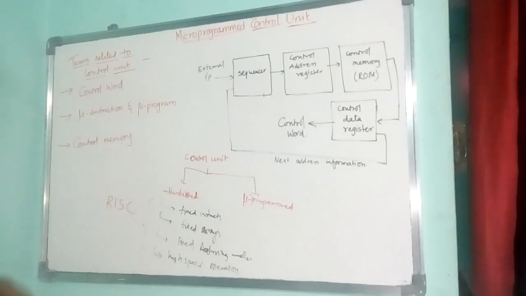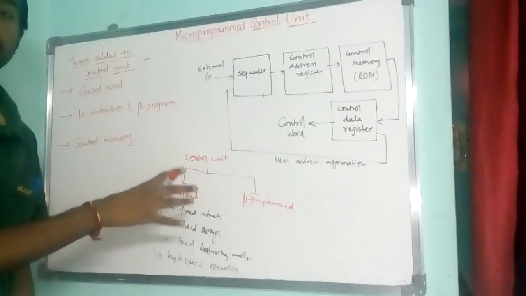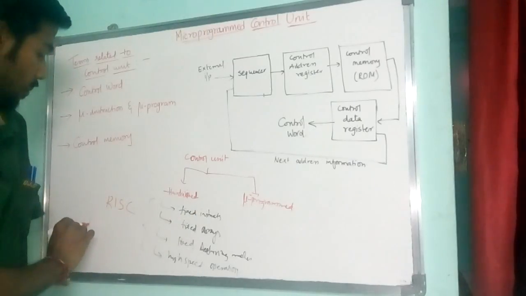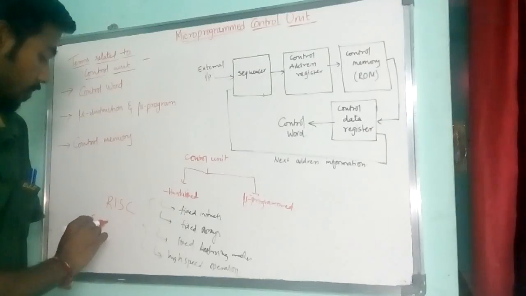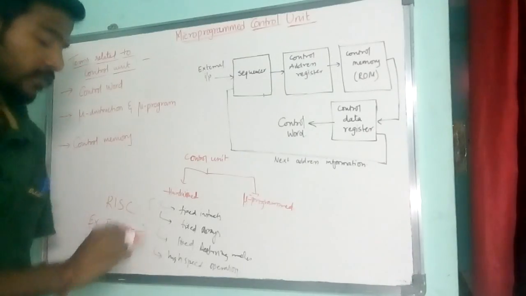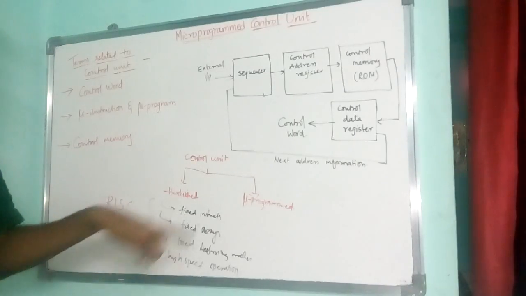So mostly hardwired control units are for RISC CPUs. The example is the Intel 8085 processor, which employs a hardware type control unit.